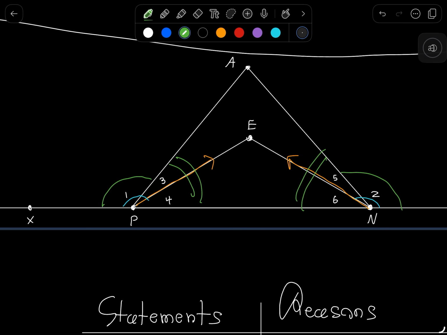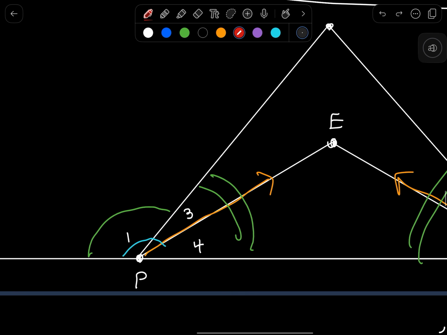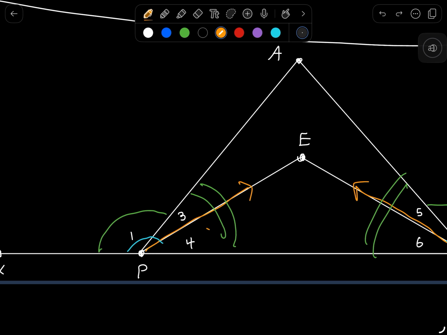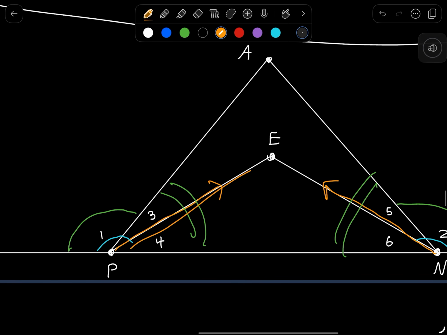Why is that important? Well, think about what our end goal is. We're trying to prove that those two angles are congruent, XPE and ENY. We've proven that these are congruent, and we know that they are bisected, so we can of course use properties we learned in this lesson.